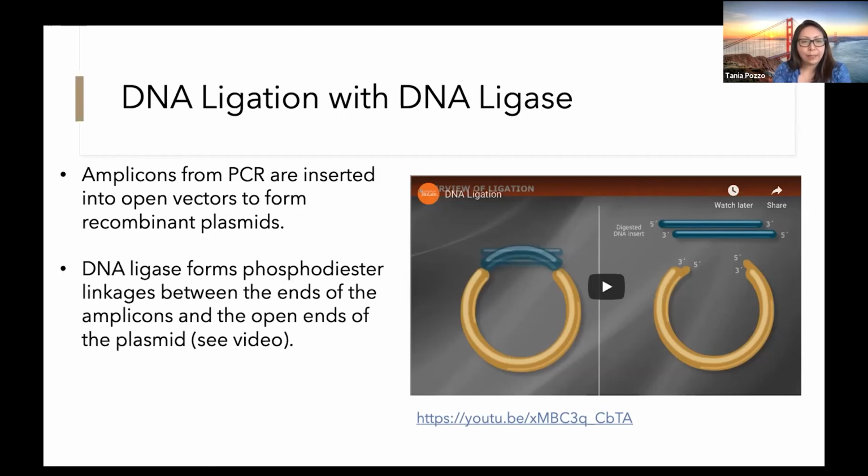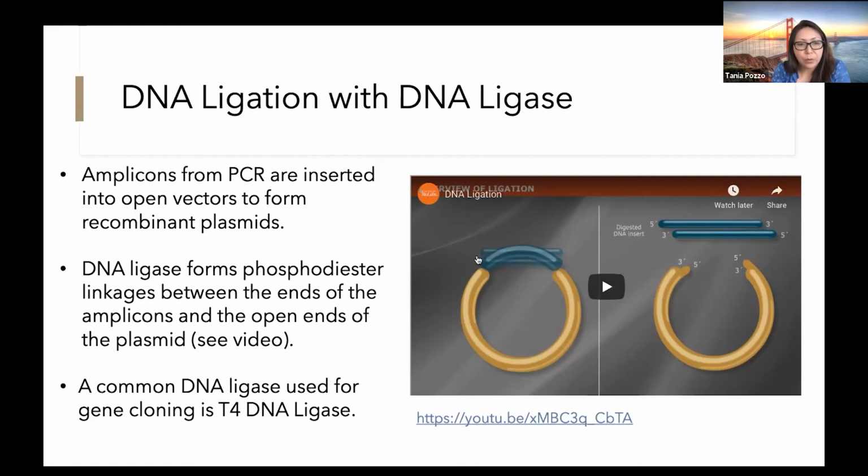To do that, DNA ligase forms phosphodiester linkages between the ends of the amplicons and the open ends of the plasmid. As you will hear in the video, describing how this process works. A common DNA ligase used for gene cloning is T4 DNA ligase, an enzyme that was found in a bacteriophage.